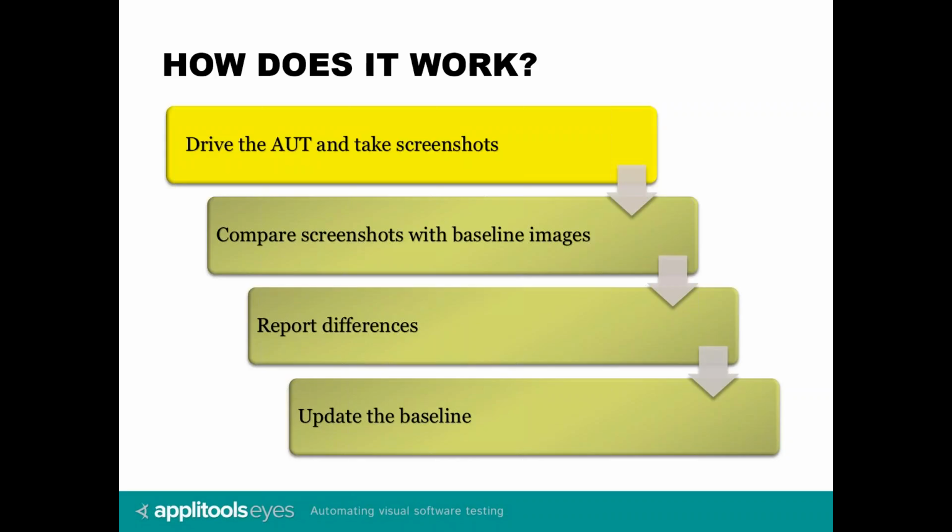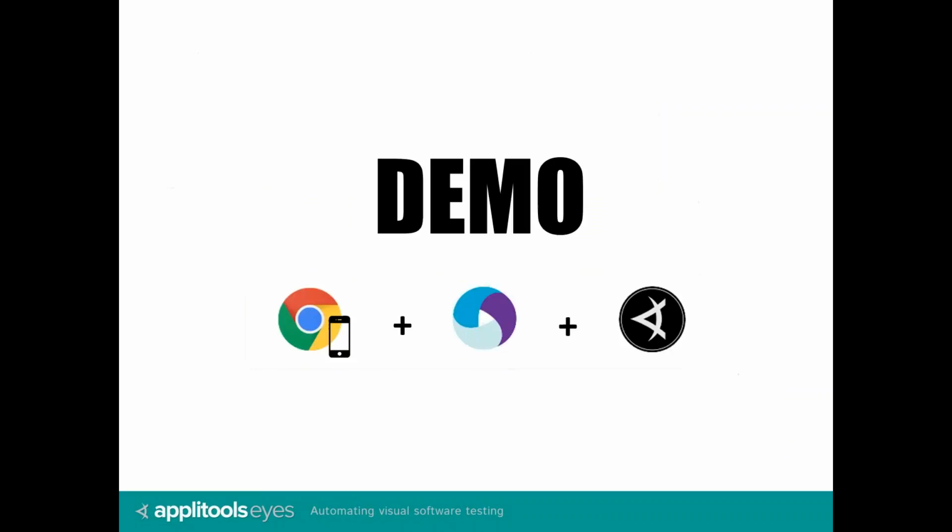We provide almost 30 different SDKs that allow you to plug in visual validation to just about any test automation framework that is out there, both for mobile and for web. We support, of course, all the different language bindings for Selenium and Appium. We support Coded UI and UFT and LeanFT, as well as Espresso and XCUI and others.